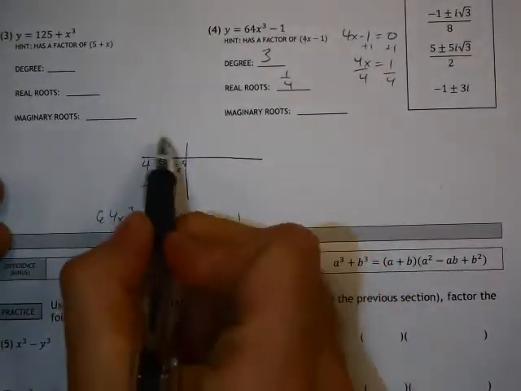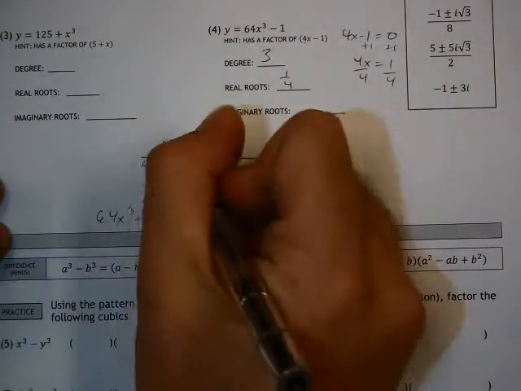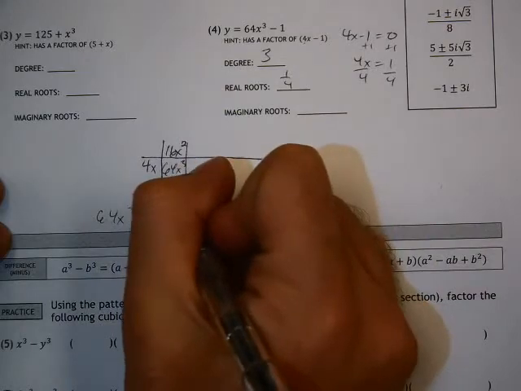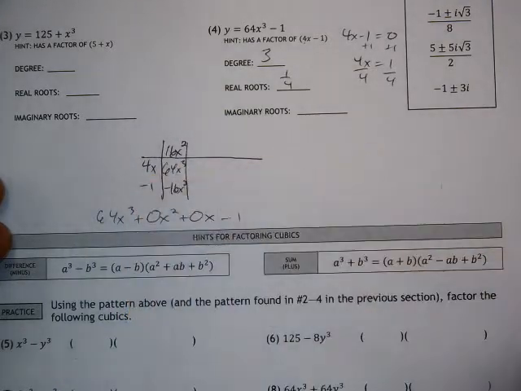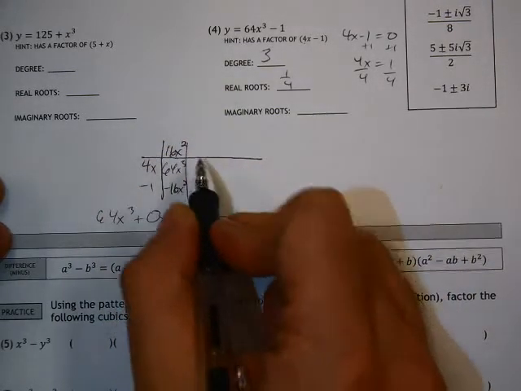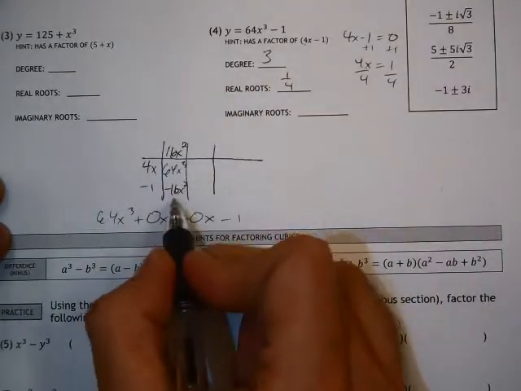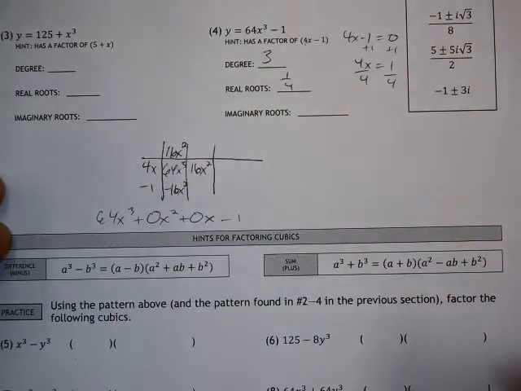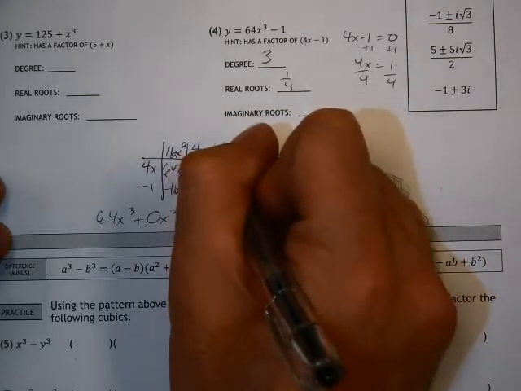And we need something to multiply with 4x to give us this, which will be 16x squared times negative 1 is negative 16x squared. Then I need a positive 16x squared that will cancel this out and make it 0, which means this will be positive 4x.